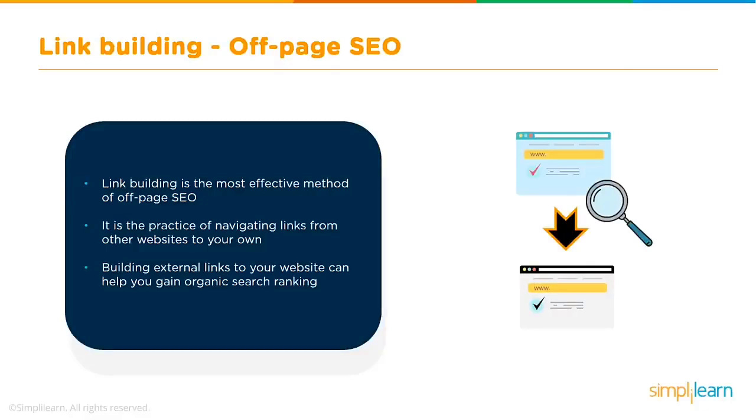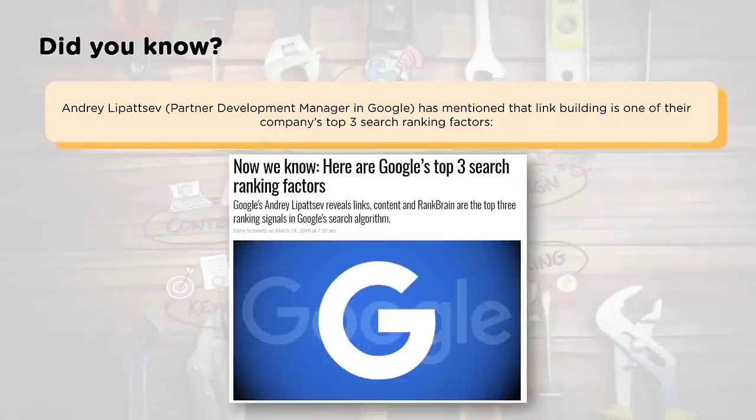Google wants to know, yes, we understand you've optimized your title tag for a keyword, but how does the rest of the internet see your website? Is your website worthy enough to add a link from a particular quality website to your website? If there are a number of quality links, then your site must be of quality as well. And that's the whole idea behind link building being an important factor.